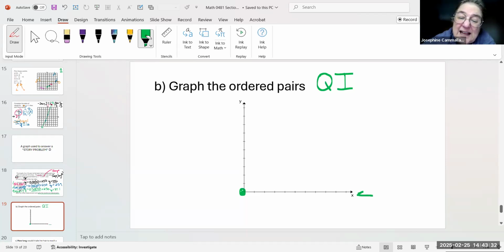This is my x line. Now remember, x was days. Now, this is going to be 10, 20, 30, 40, 50, 60, 70, 80, 90.